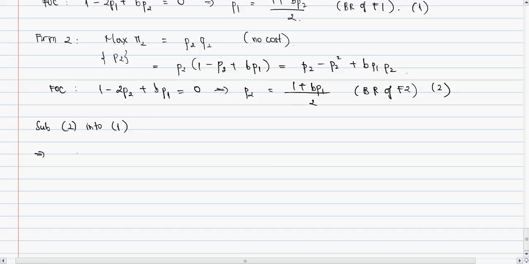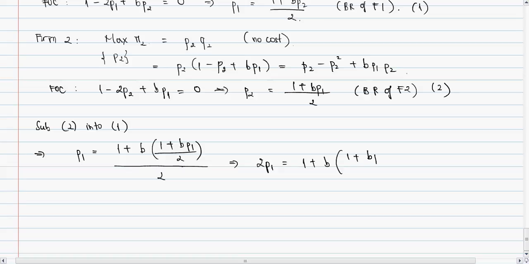I will get P1 equal to 1 plus B times P2, where P2 is 1 plus B P1 divided by 2, and the whole thing divided by 2. If I multiply both sides by 2, I get 2P1 equal to 1 plus B times (1 plus B P1) over 2.